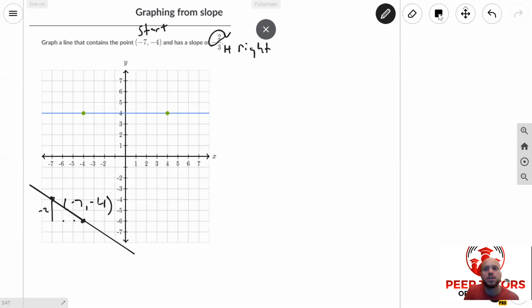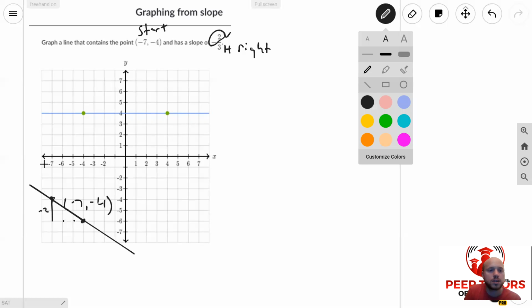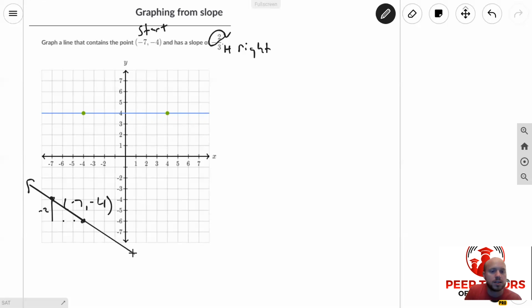You're going to get the picture there. We have our line. This is a line that goes through the point -7, -4, and has a slope of -2/3. And we know that because we have this little right triangle of -2, 3.